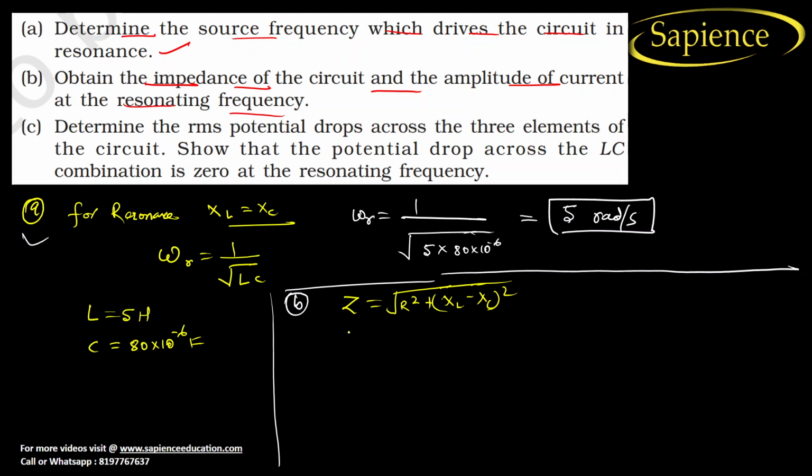Since this is a resonating condition, XL is equal to XC, so Z will become R, and this is equal to 40.